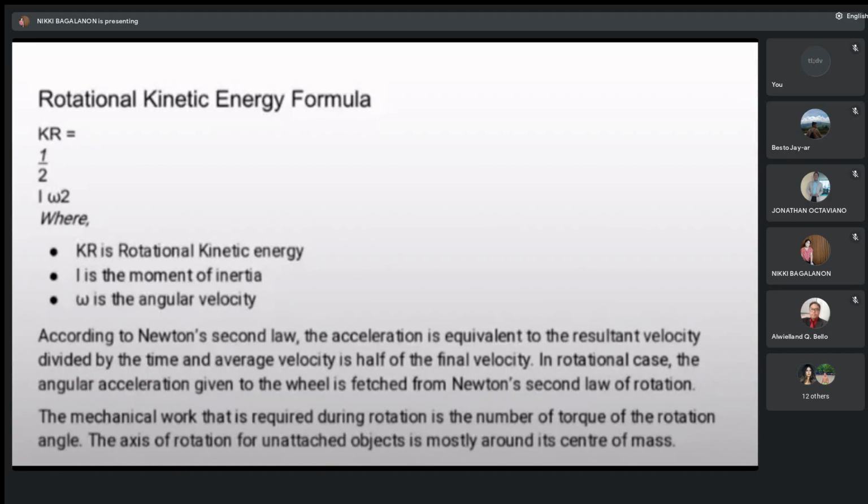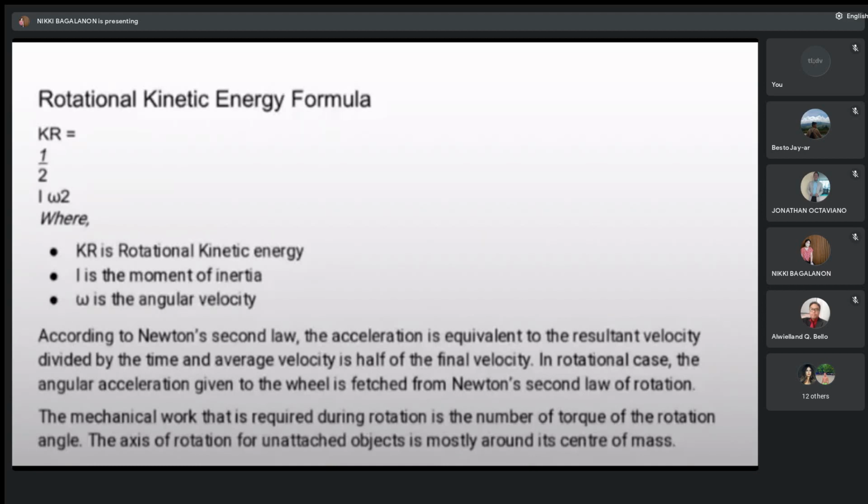Rotational kinetic energy formula: K_R equals 1/2 I ω squared, where K_R is rotational kinetic energy, I is the moment of inertia, and ω is the angular velocity. According to Newton's second law, the acceleration is equivalent to the resultant velocity divided by the time, and average velocity is half of the final velocity.